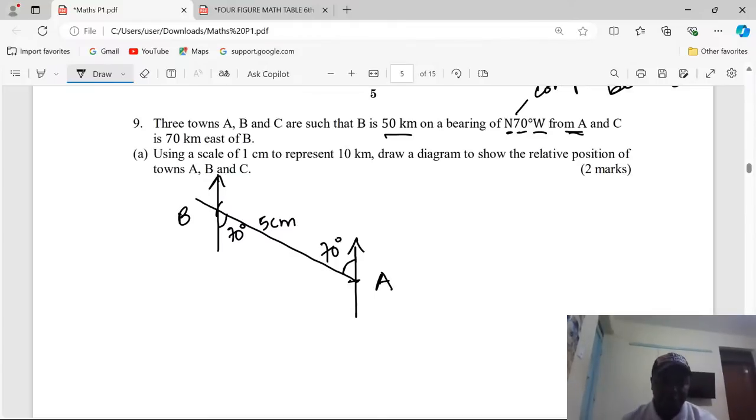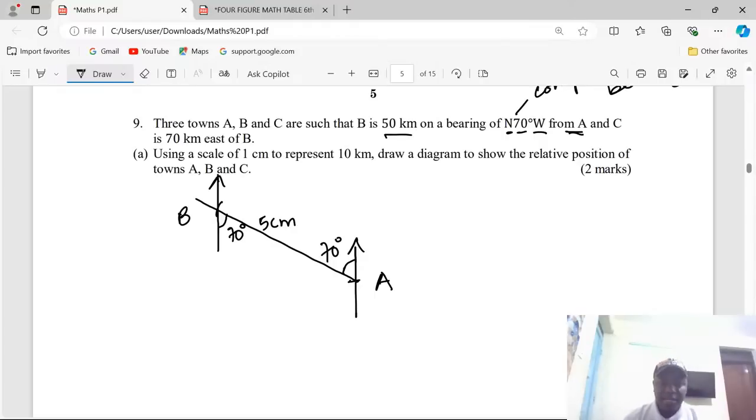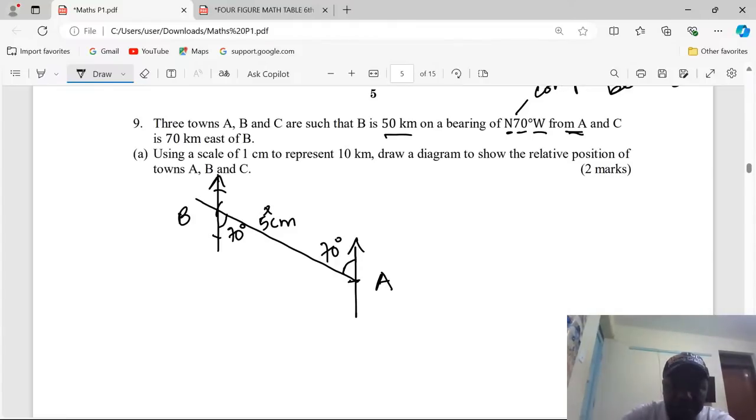There is another position which has been talked about. We are told that C is 70 to the east of B. East of B means to the right. Therefore, standing at B, you just produce a perpendicular which is horizontal, and you move for 7 centimeters because of the 70 kilometers.